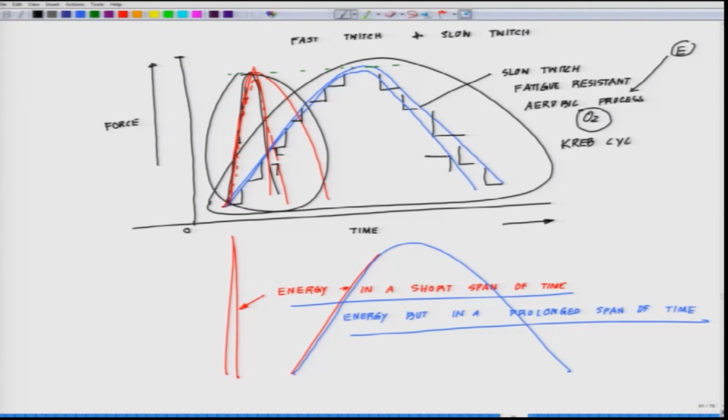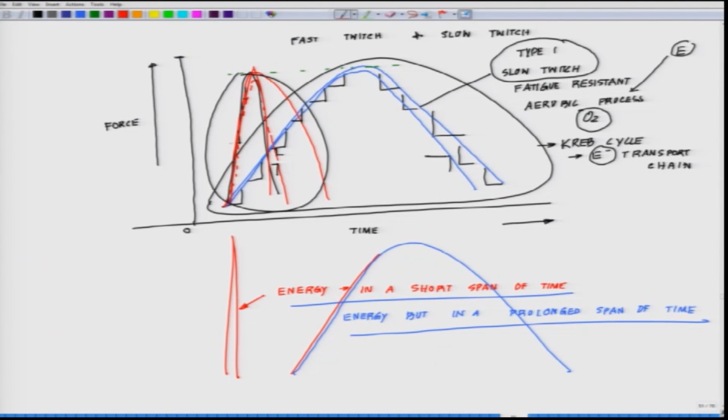If you pick up Lehninger or Stryer, Krebs cycle followed by the oxygen electron transport chain. So, from physiology we are correlating everything to biochemistry, and these are called type 1 fibers, which are the slow twitch fibers.